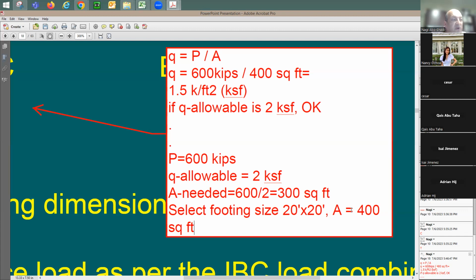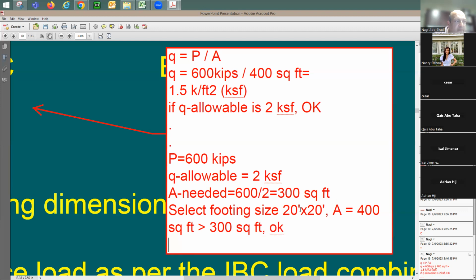All right, so this 400 square feet is more than the 300 needed, right? So my design is good. So it is either that you compare the actual pressure to the allowable pressure, or the needed area, the 300, to the provided area.